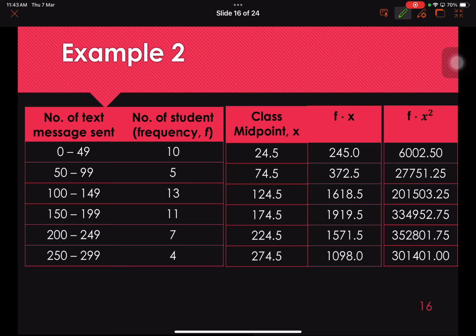And how do we get 6002.50? This one, you square, multiply by f. This one you say fx square, so x square first. What is your x? Square, multiply by 10. Do you get 6002.5? Yes.